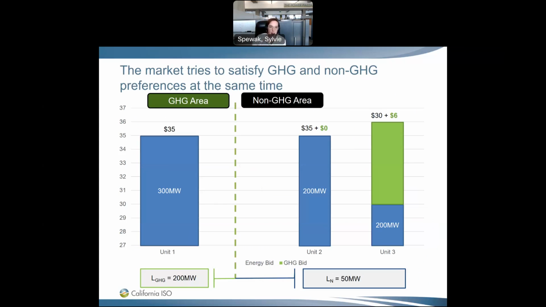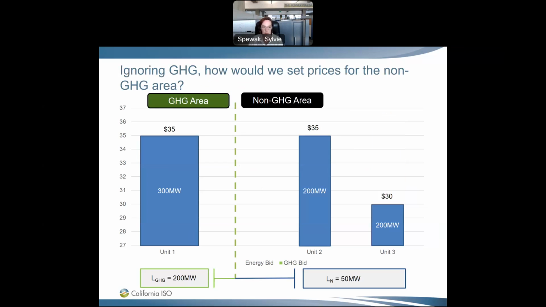When the market optimizes the system, it's going to try and satisfy the preferences for load in both areas at the same time. We're going to take it step by step though, because I'm a human, not a machine. So we need some steps to understand this. Let's start with the non-GHG area.